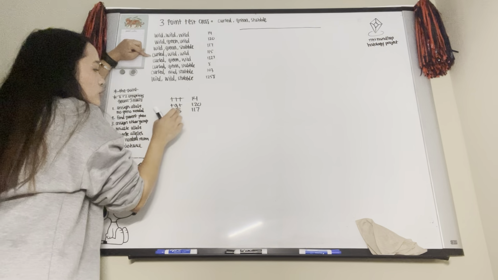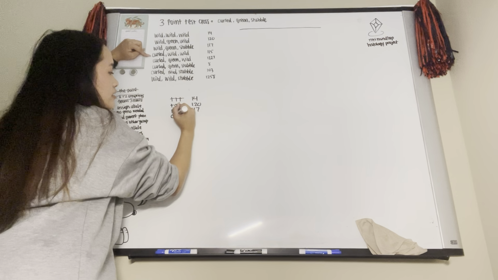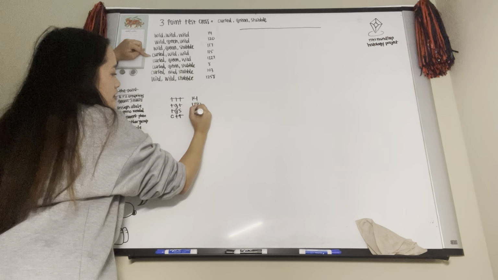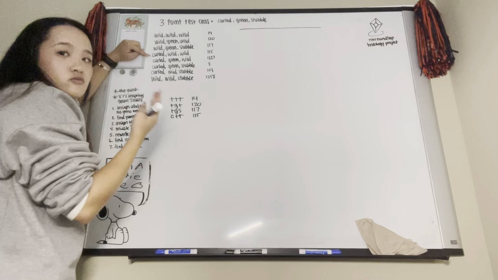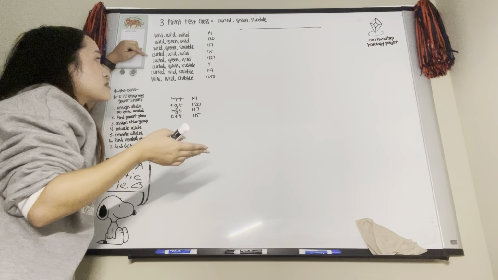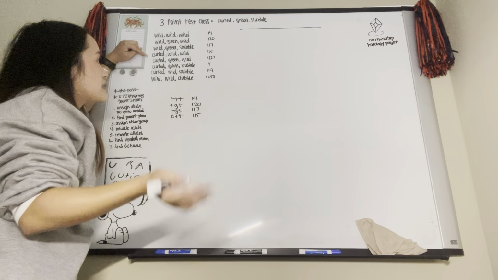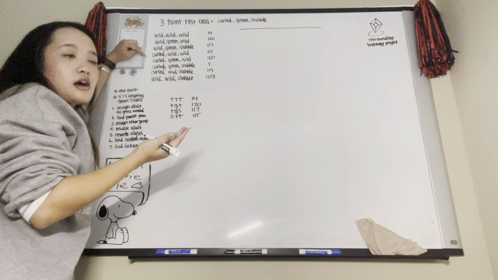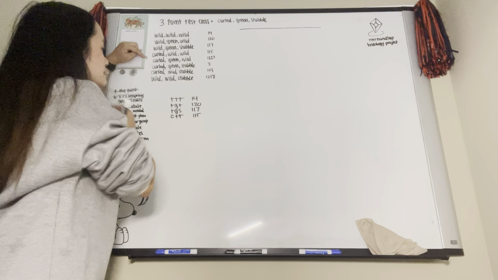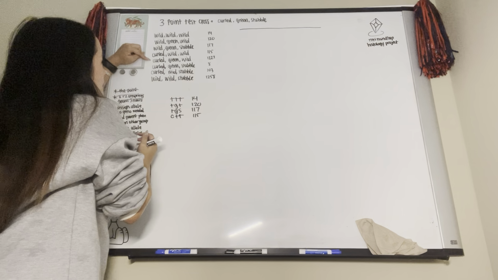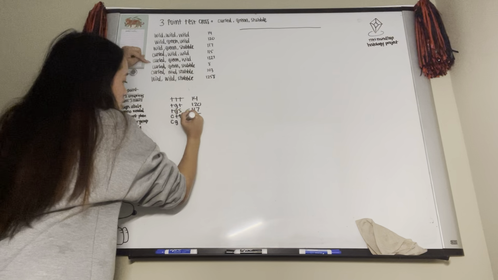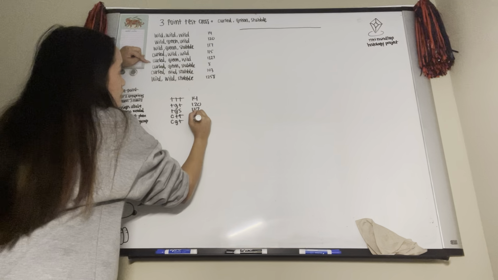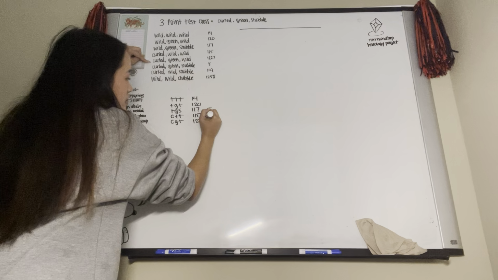Curled, wild, wild, we have C, and then plus, plus, and then there's 115 for that. Again, these data points are given to you, so this is randomly generated or just given to you as a problem. This is one of my example problems, so that's why I have that. But anyways, now we have curled green wild, C G plus, that's 1,227.